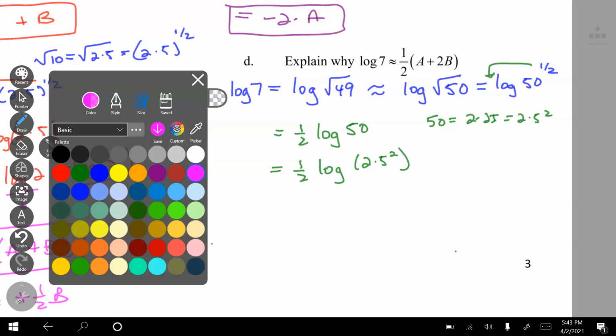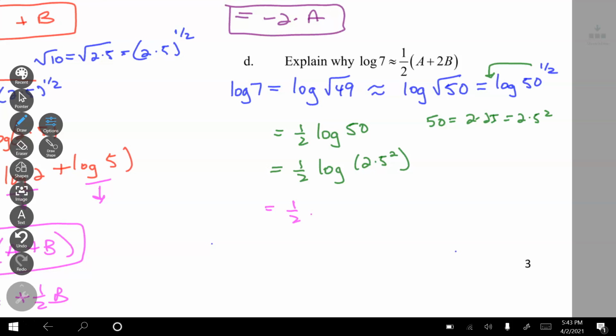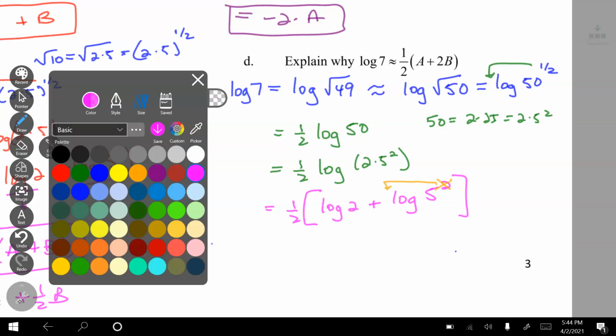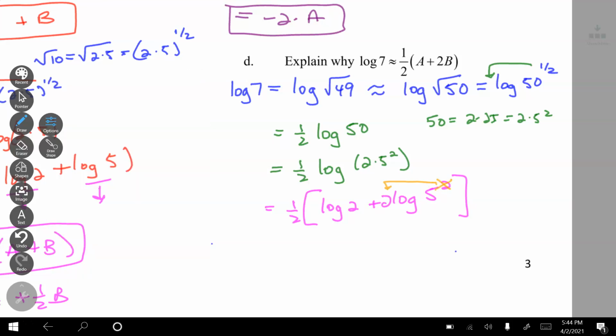If I split it up even more, I could say it's 1/2 times log of 2 plus log of 5 squared. Oh yeah, I remember that this 2 drops up front, so I can say it's really 1/2 times log of 2 plus 2 times the log of 5.